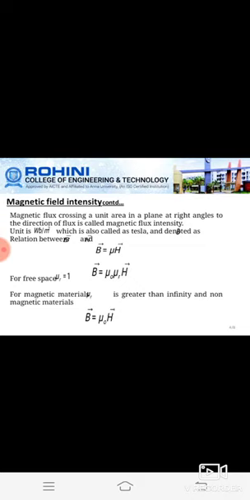And the relationship between B vector and H vector, that is magnetic flux density and magnetic field intensity. In electrostatics, E vector and D vector are related to each other through the permittivity, epsilon. In magnetostatics, the magnetic field intensity and magnetic flux density are related through a property of the medium in which the current carrying conductor is placed, which we call permeability and denote as mu.